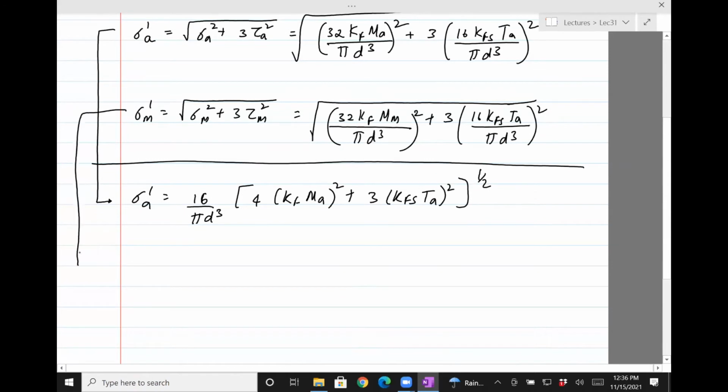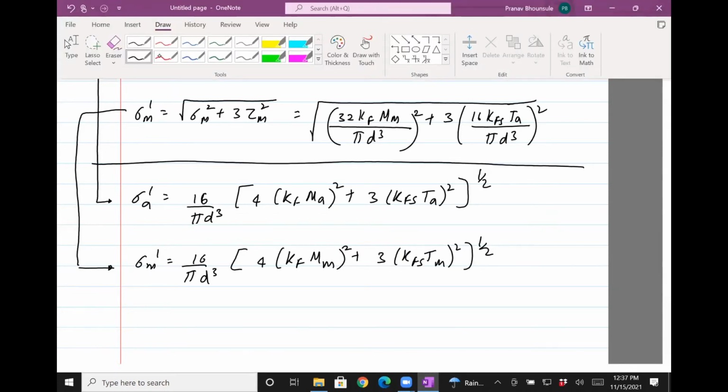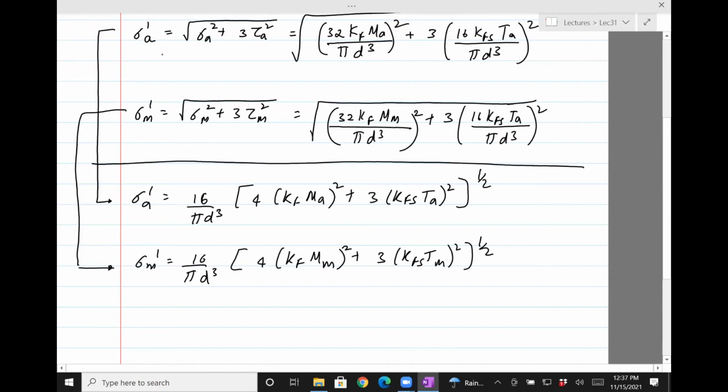And then sigma m prime can be simplified as sigma m prime equals 16 divided by pi d cubed. The 16 over pi d cubed comes outside, it's not in the square root.